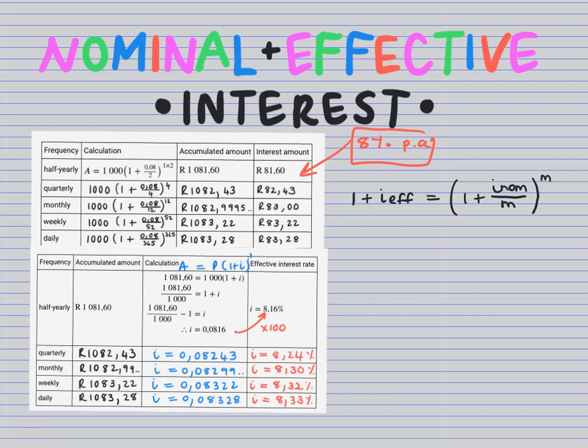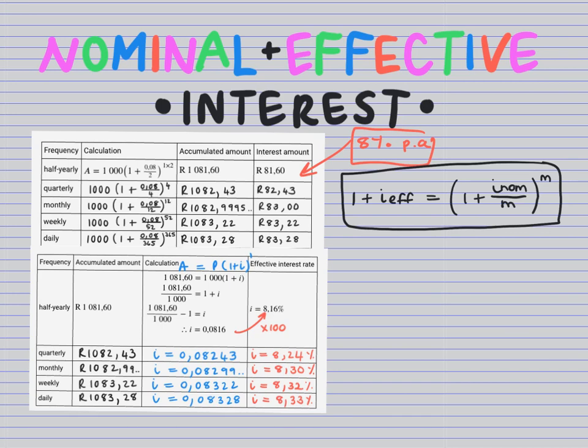Okay, so this formula here allows us to switch between nominal rates and effective rates. So a question might be, given the nominal rate of 8%, calculate the effective interest rate if your money is compounded quarterly. So let's just see if our table is correct.